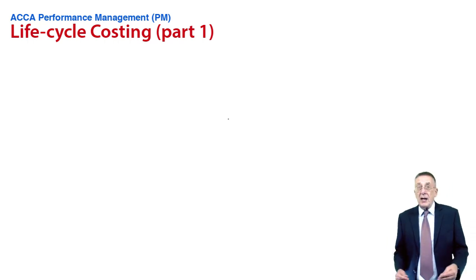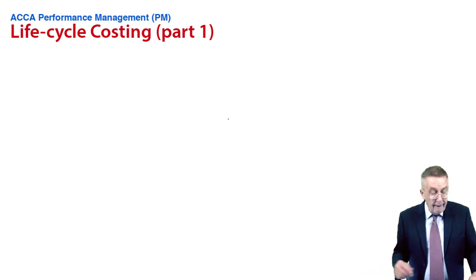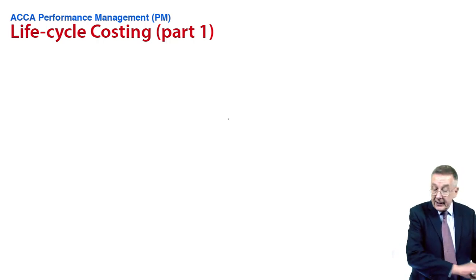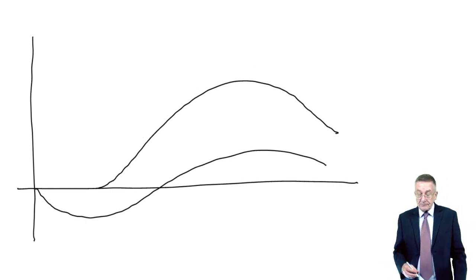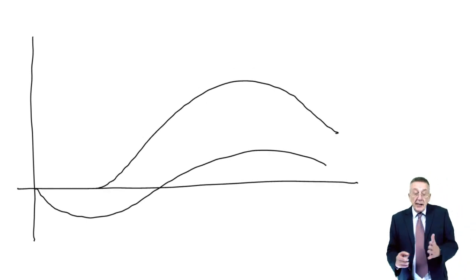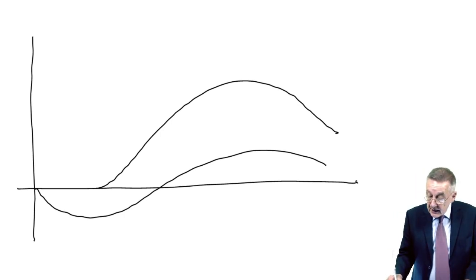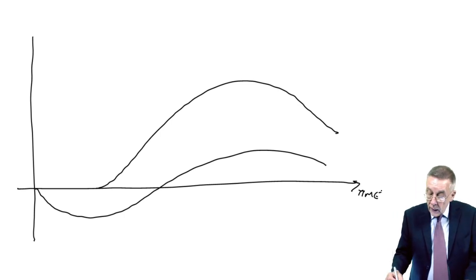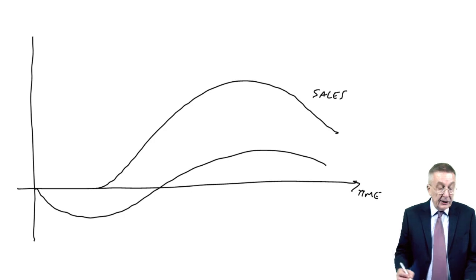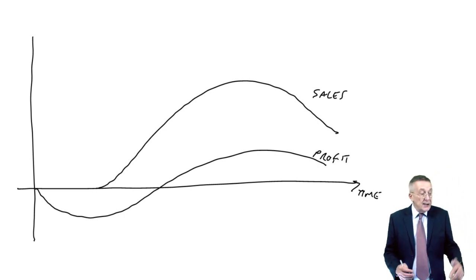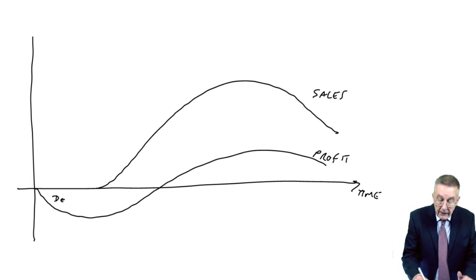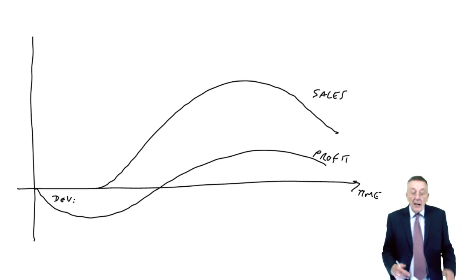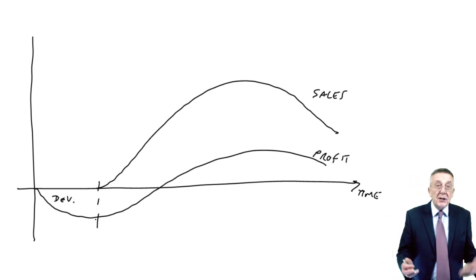And as to how that affects our sales and our profitability, if you look at the little graph on the next page, which I've drawn not terribly prettily here, this graph is trying to show roughly over time how the sales are likely to change and the profit. You've got those phases marked that I've discussed before. Initially your development phase, when you're doing all the designing, obviously you've got costs involved and you're not earning any revenue.